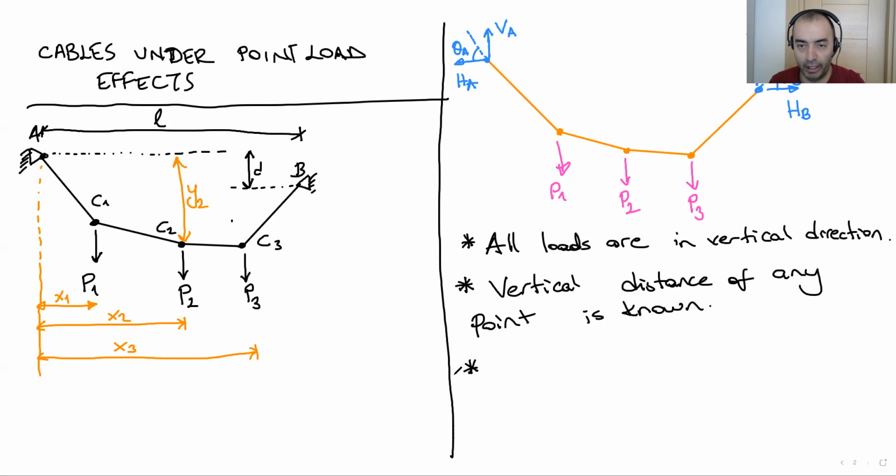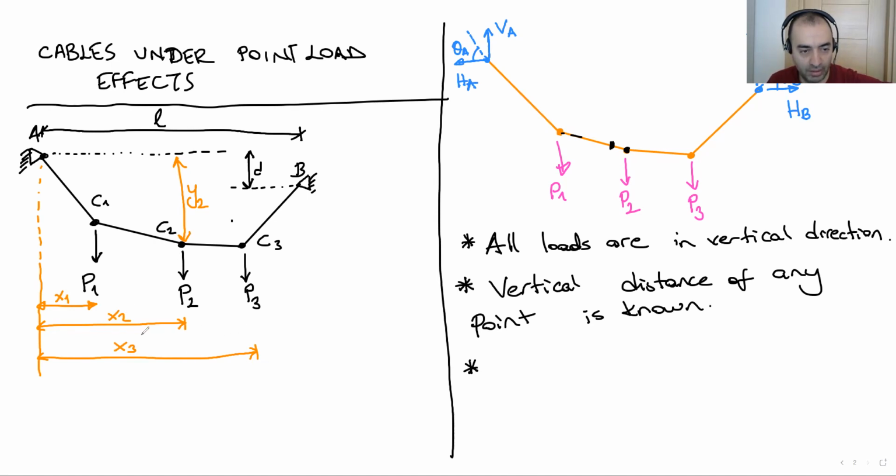If you'd like to find tension force anywhere else, for example, if you'd like to calculate the tension force in this cable here, we have to know the horizontal distance of this point, as you can see here, x1, x2, x3.